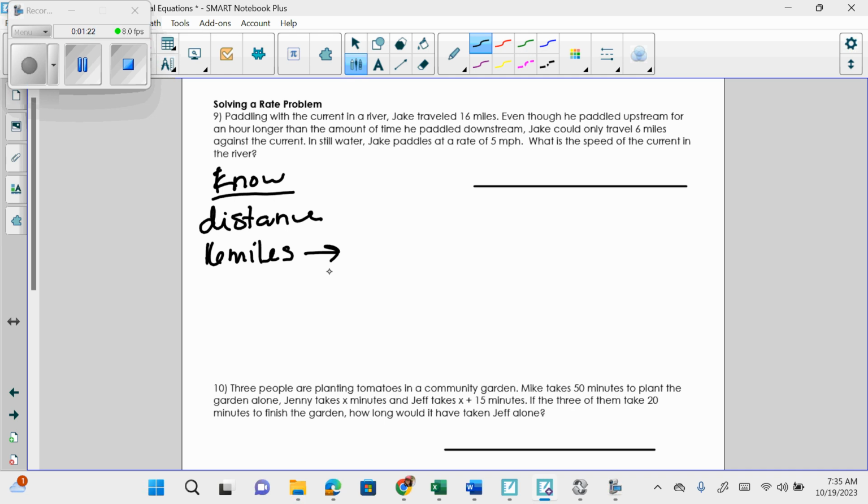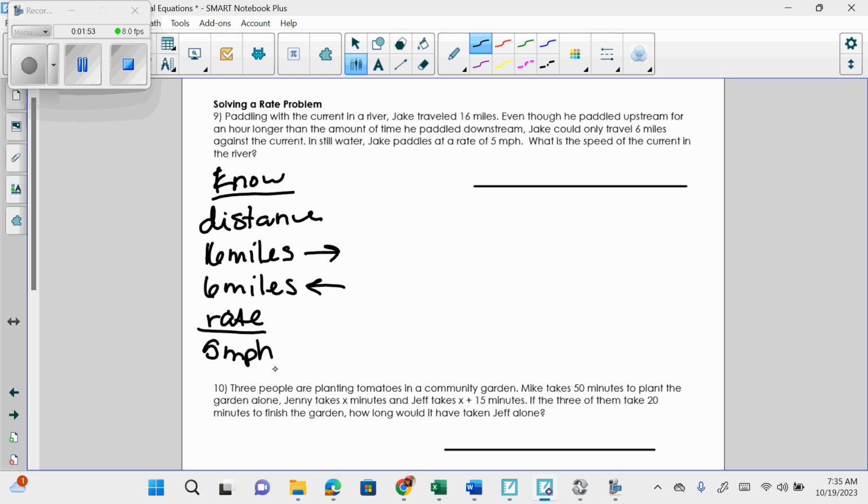Even though he paddled upstream for an hour longer than the amount of time he paddled downstream, Jake could only travel 6 miles against the current. So 6 miles against the current. And we don't know the current, that's what we're looking for, but we know that in still water he could paddle at 5 miles per hour.